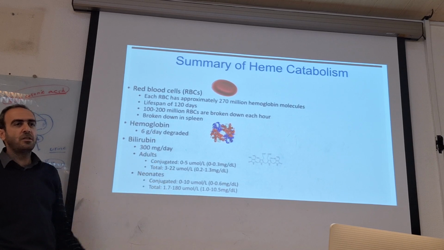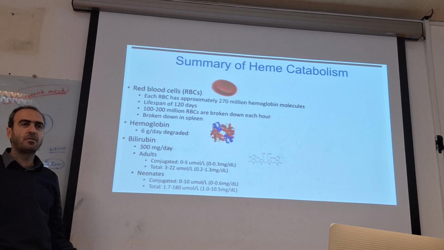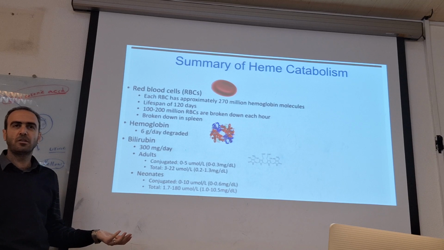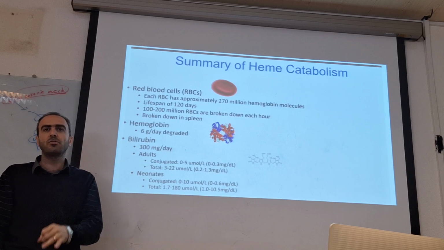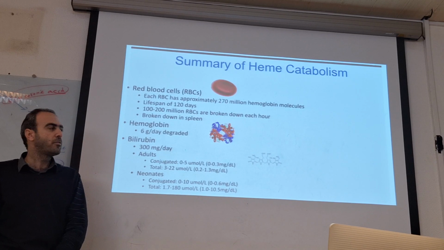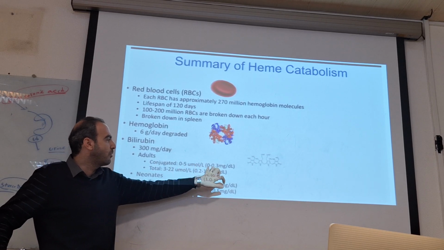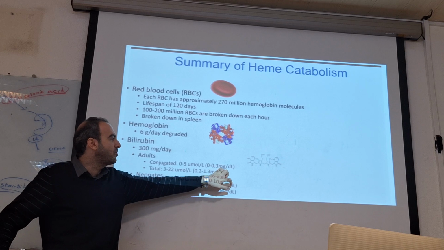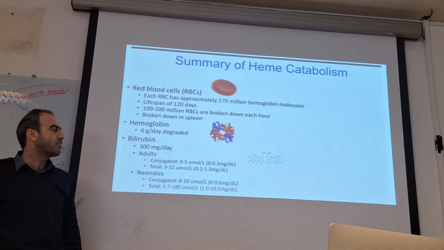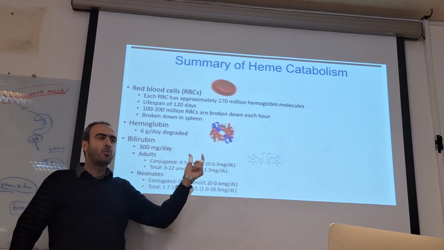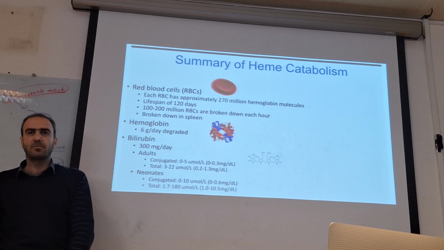Unconjugated is calculated, so we don't need it. If we have total and conjugated, they are enough. Conjugated concentration is 0 to 0.3 milligram per deciliter, and total is about 1 milligram per deciliter.